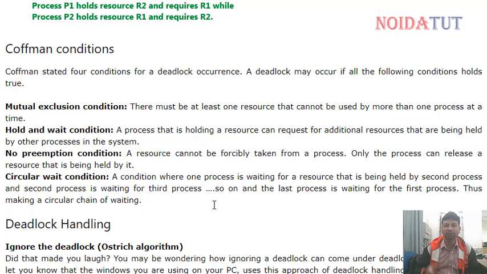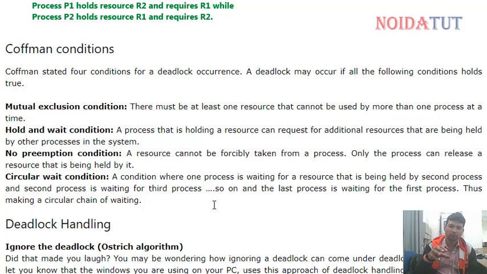No preemption condition. A resource cannot be forcibly taken from a process. Only the process can release a resource that is being held by it. Circular wait condition.